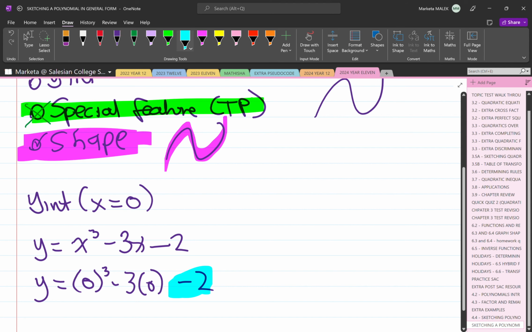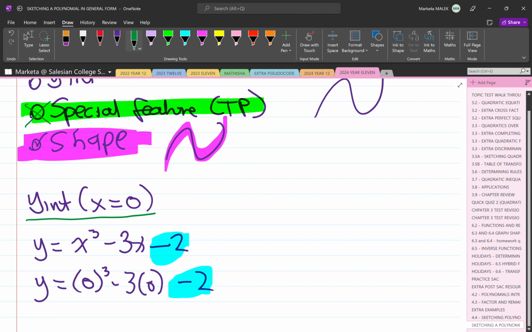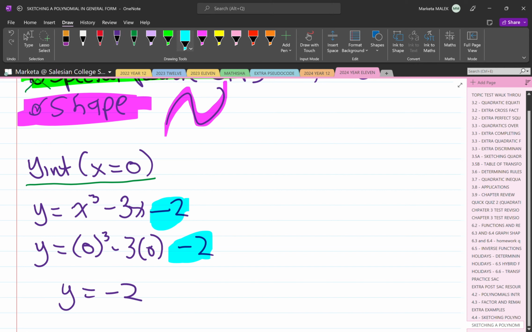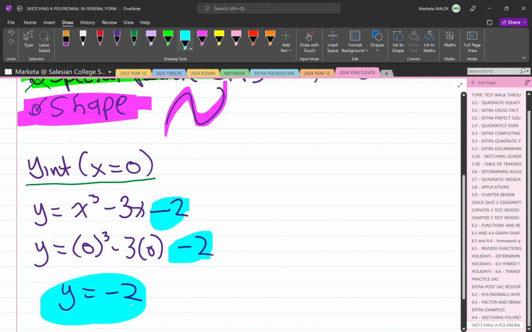You could see it just from the equation. You can see that when you sub 0 in, you're going to get a -2 for y. So you don't even need to show that working out. You want to just state that the y-intercept is when x equals 0, and then you can just see the y-intercept. So there's our y-intercept, y equals -2. It's ready to go on the graph.